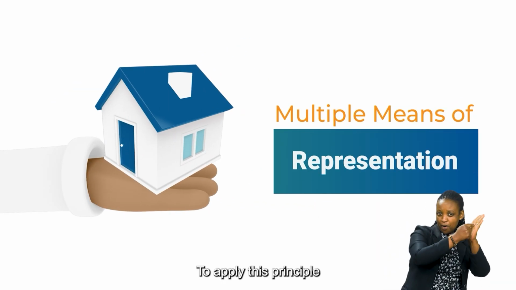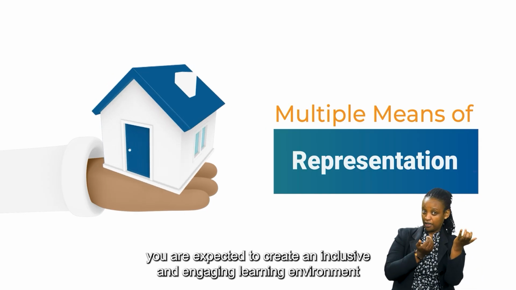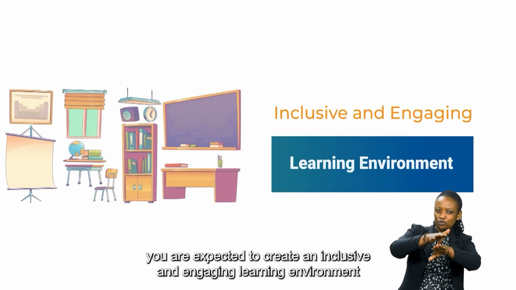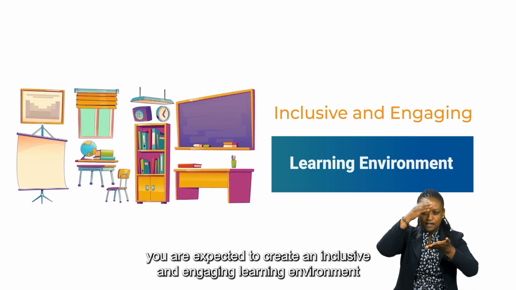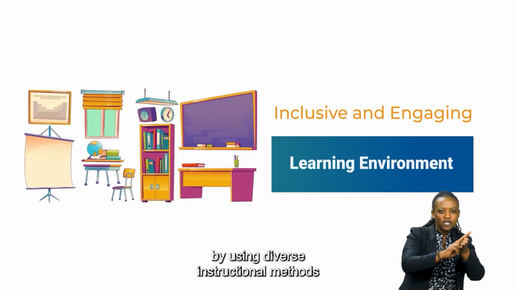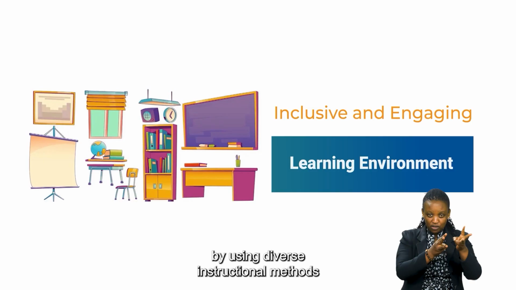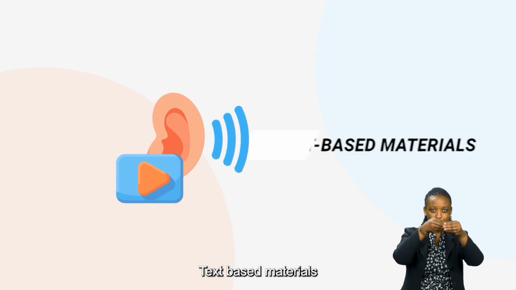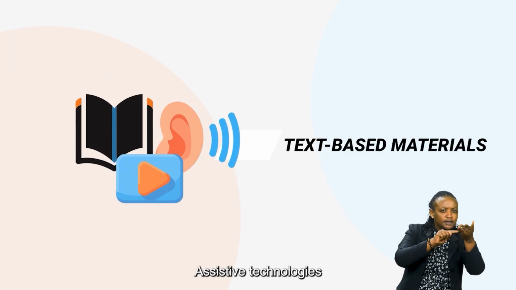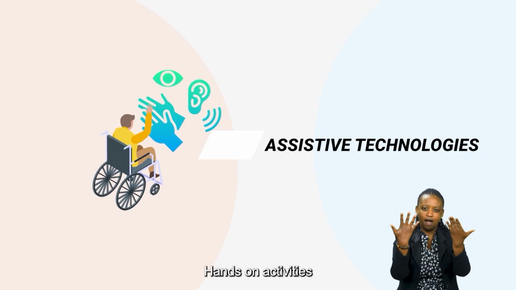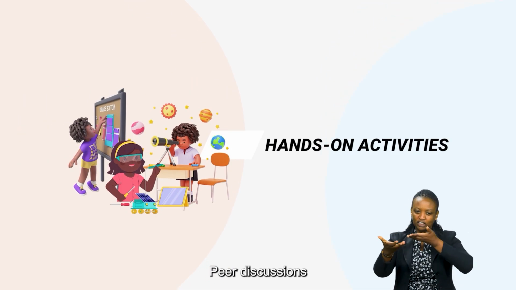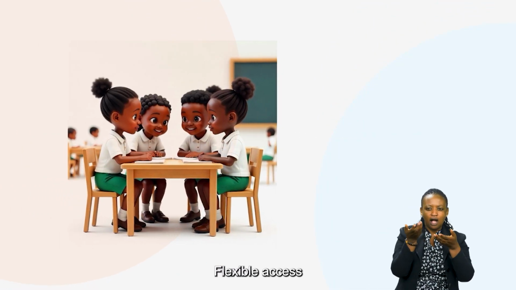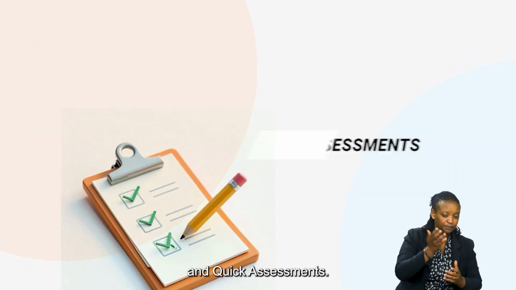To apply this principle, you are expected to create an inclusive and engaging learning environment by using diverse instructional methods, including visual, auditory, text-based materials, assistive technologies, hands-on activities, peer discussions, flexible access, and quick assessments.